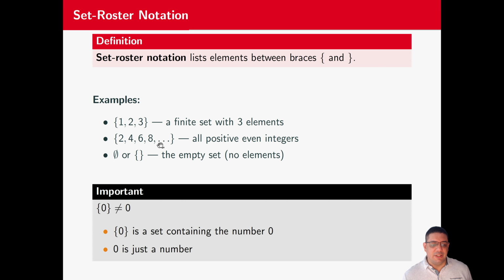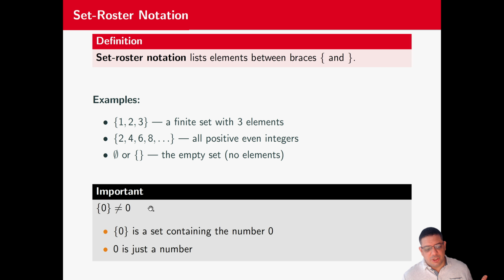The implication with these 3 dots is that this is going to continue giving me more and more of those even integers. We also have the empty set, which is represented by this symbol, or we can represent it by the brackets with empty space inside. This gives me a set with no elements.